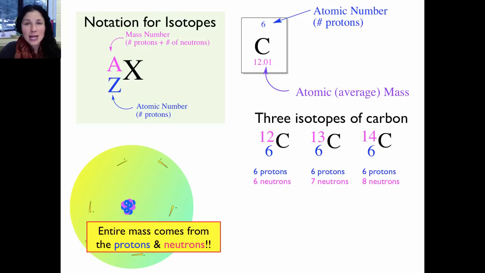And if you use the data from the entire class, you'll see that there are some ages that are much more common than others. And then the average, you'll find that the average is closest to the age in your class that's most common. Just like this average is closest to the isotope that's most common. Carbon-12 is the most common isotope. Again, we'll talk about that in just a minute.